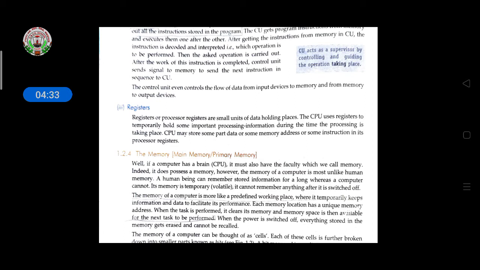So the CPU may store some part of data, some memory address, or some instructions in registers. It means it is used to store or hold a small unit of data in temporary form, and after the process takes place, it may send the data to the memory.